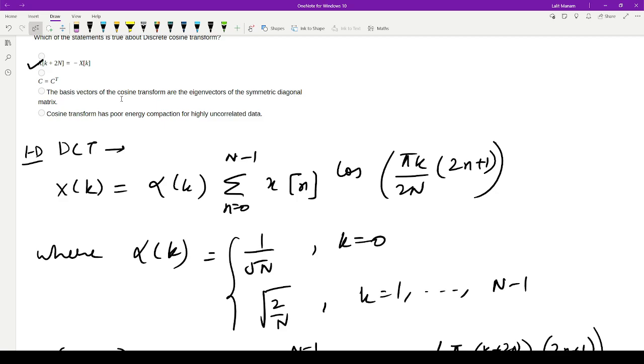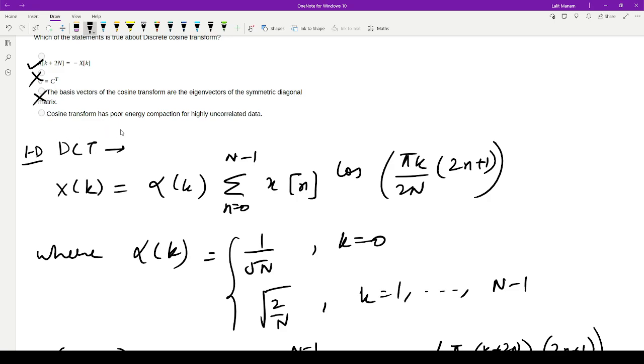Basis vectors are fixed for cosine transforms, Fourier transform, right? They are not dependent on any other thing. They are fixed. So given that, there is no symmetric diagonal matrix which exists for this specific case for the cosine transform, so it is wrong.